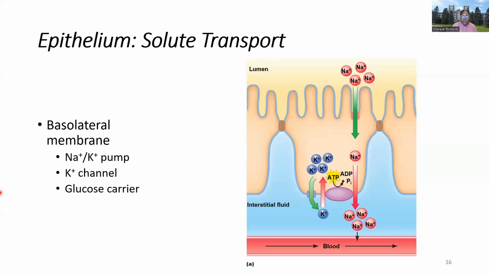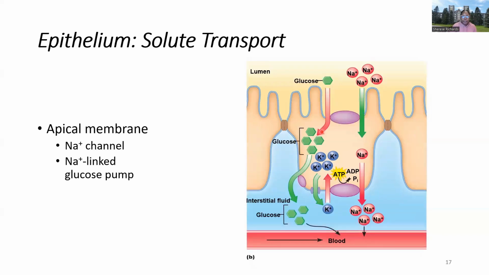We can also think about the glucose carrier as another example. The glucose carrier or transporter is going to be on the basolateral surface of this cell. It's going to help us take up that glucose that comes into the cell. So glucose moves into the cell according to the sodium-glucose cotransport, right?